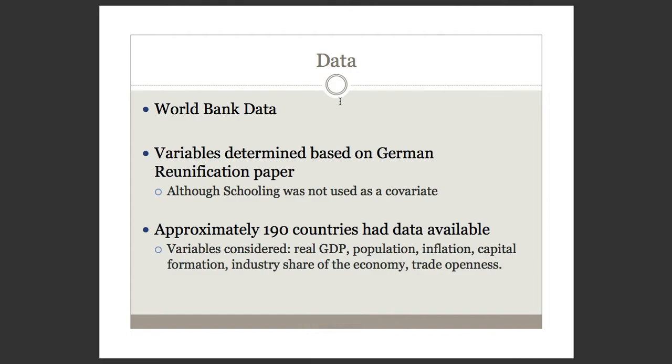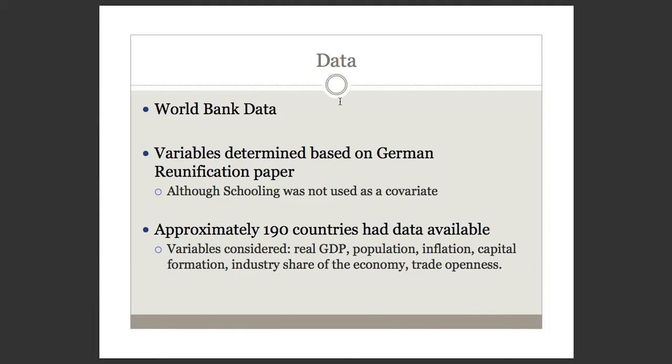So I use World Bank data. The variables that were used were inspired by the German reunification paper by Abadie. The only variable I didn't use was education, and this is a variable that I would like to use. Unfortunately, the data set that I was working with didn't have enough education variables for all the countries in the donor pool, and that limited my ability to use it, but I was still able to get pretty good results without it.